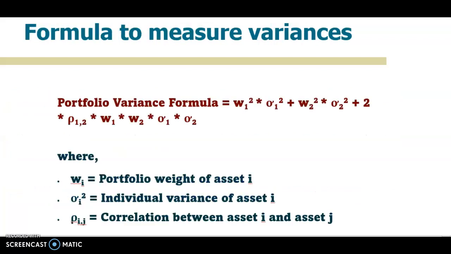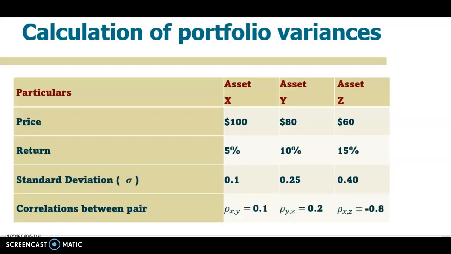We are going to measure portfolio variances using this formula. Here, for example, we have a portfolio that consists of three securities, assets X, Y, and Z. We also have the price of the assets, expected return, standard deviation, and correlation between the asset pairs.